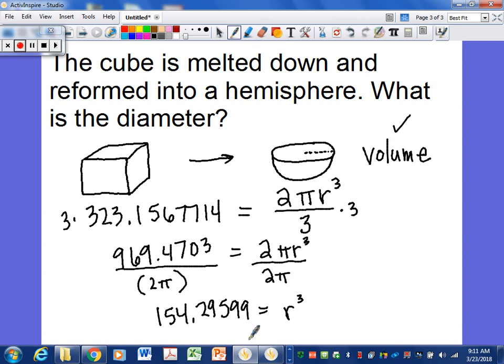And the last step is to cube root both sides. Which gives me a radius of 5.36. So if that's my radius, then the diameter is 10.72 centimeters.